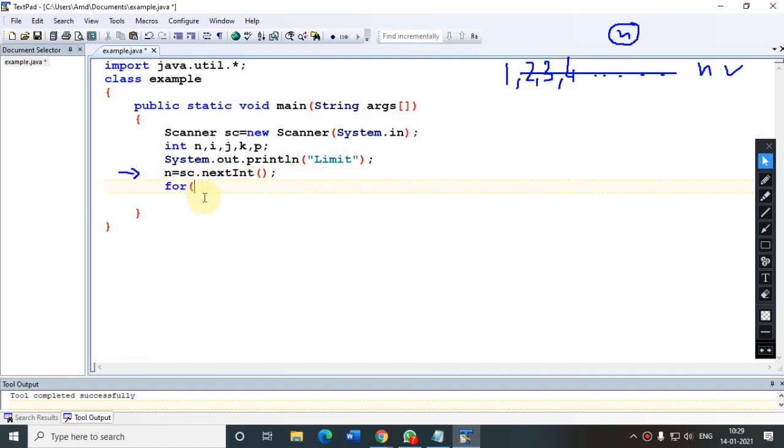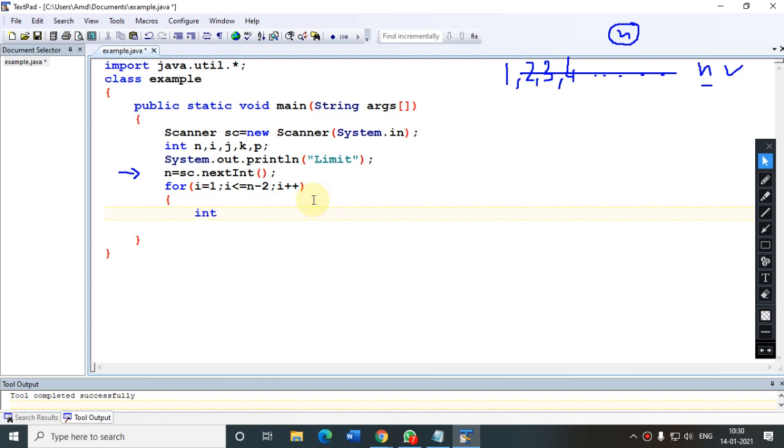First of all we will generate a loop from 1 to the limit, but in the question it was already mentioned we are not supposed to generate any twin prime number after this n. So now we will put here n minus 2.